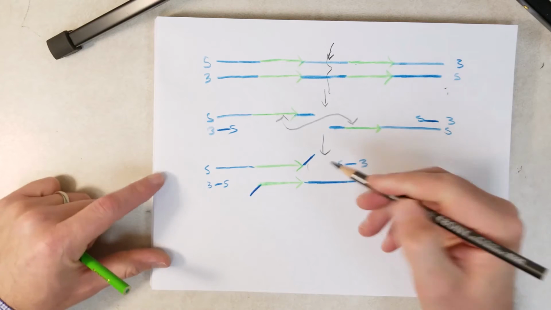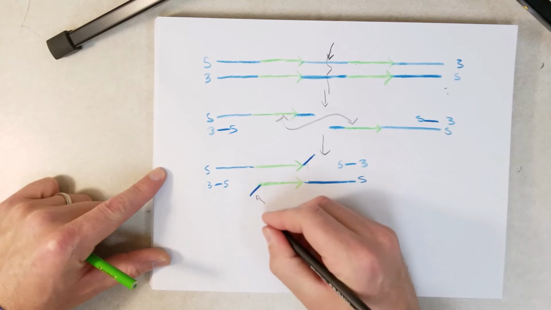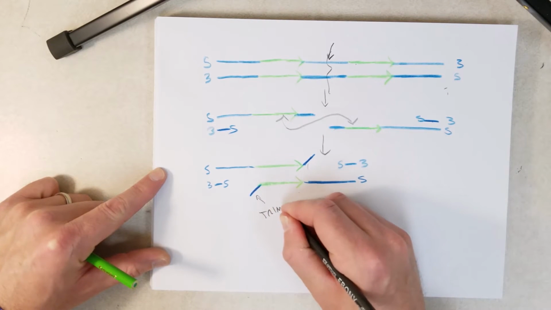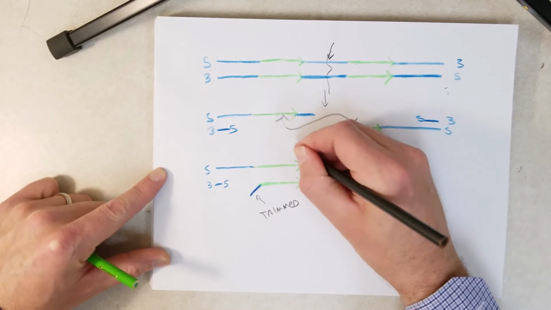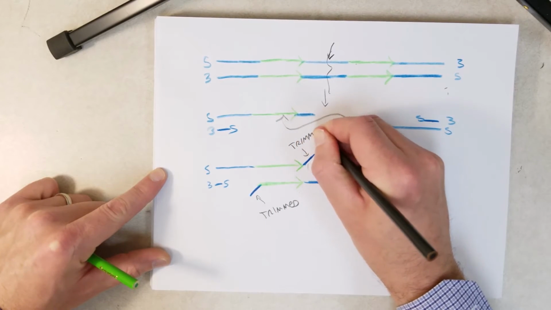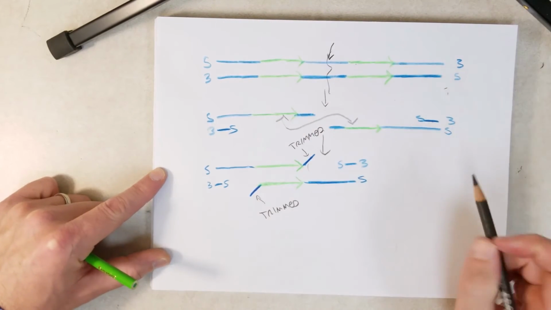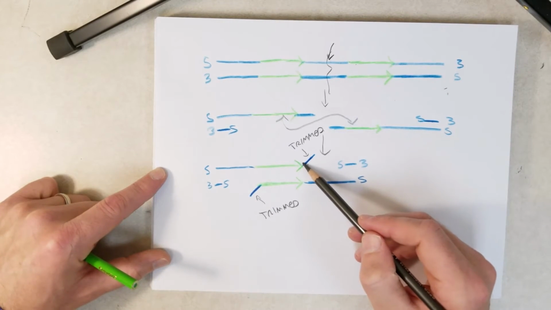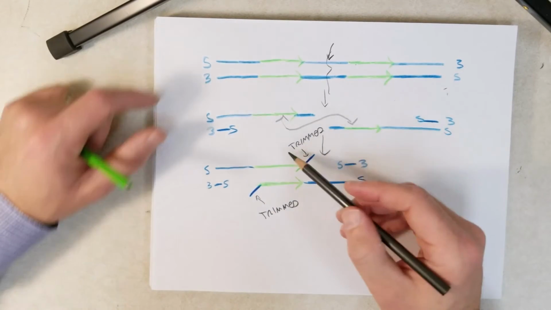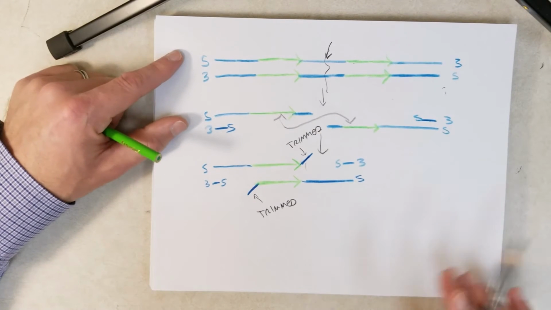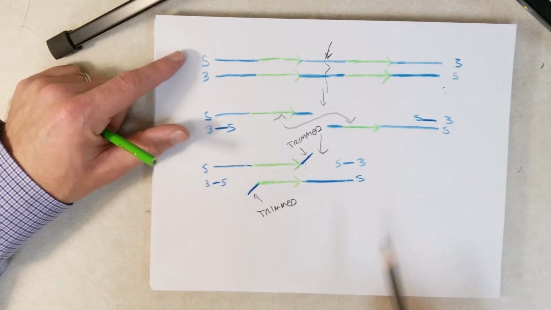So what are we left with now? These have to be trimmed away by some exonucleases, or maybe we have some endonucleases involved, trimming down here somewhere or cutting down here somewhere. I'm not really sure. I don't know if that part of the model has been worked out yet.